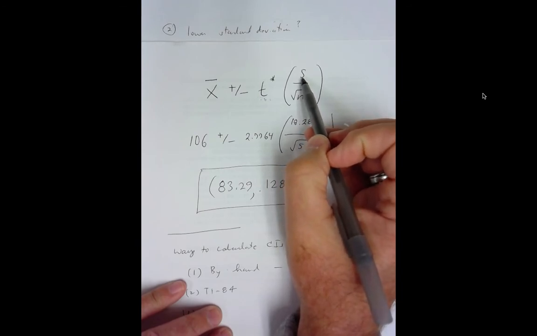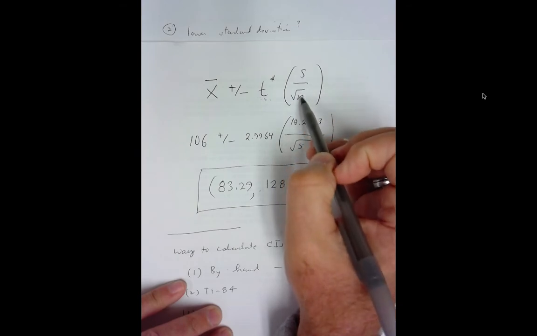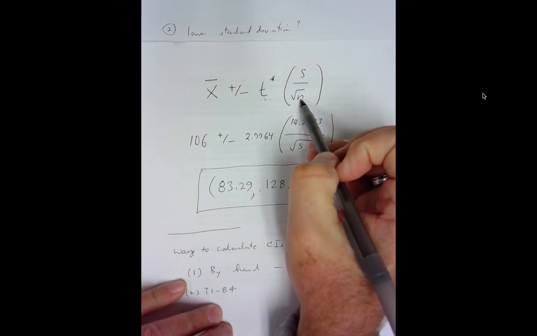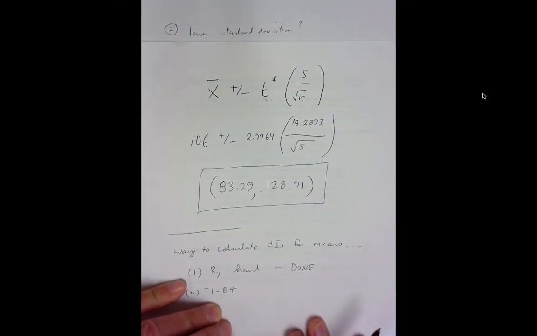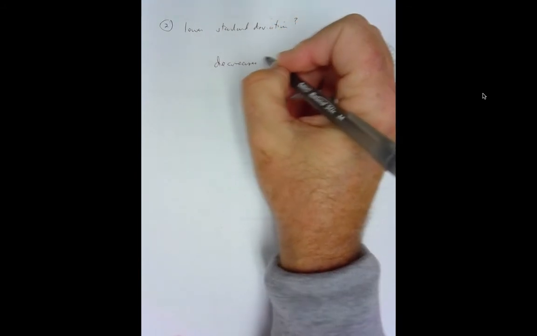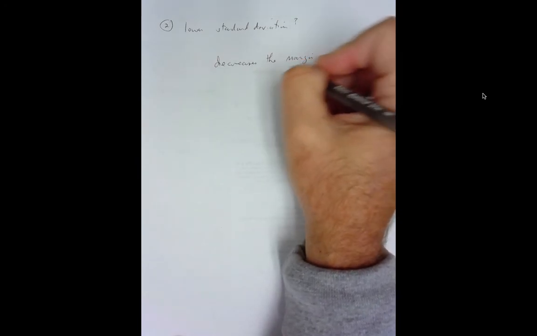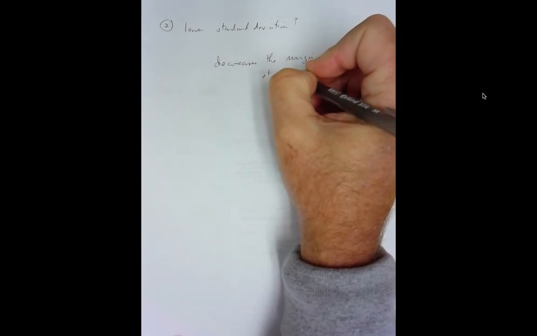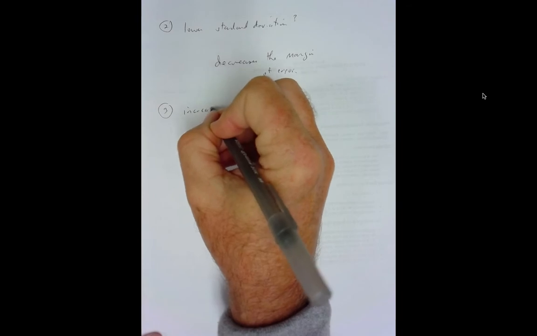If I lower this value, what happens? I multiply this by a lower number. I'm going to get a smaller number divided by the same sample size. I'm going to get a margin of error that's smaller. So a lower standard deviation decreases the margin of error.